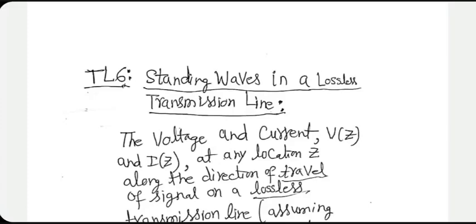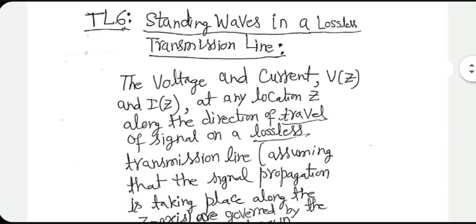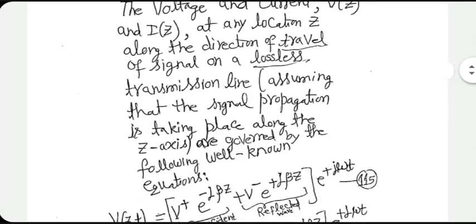What is the theory? Let's put it this way. Let's assume a lossless line where the direction of propagation is the z-axis. Plus z is the direction of propagation of the forward traveling wave, minus z is the direction of travel of the reflected wave, for both voltage and current.